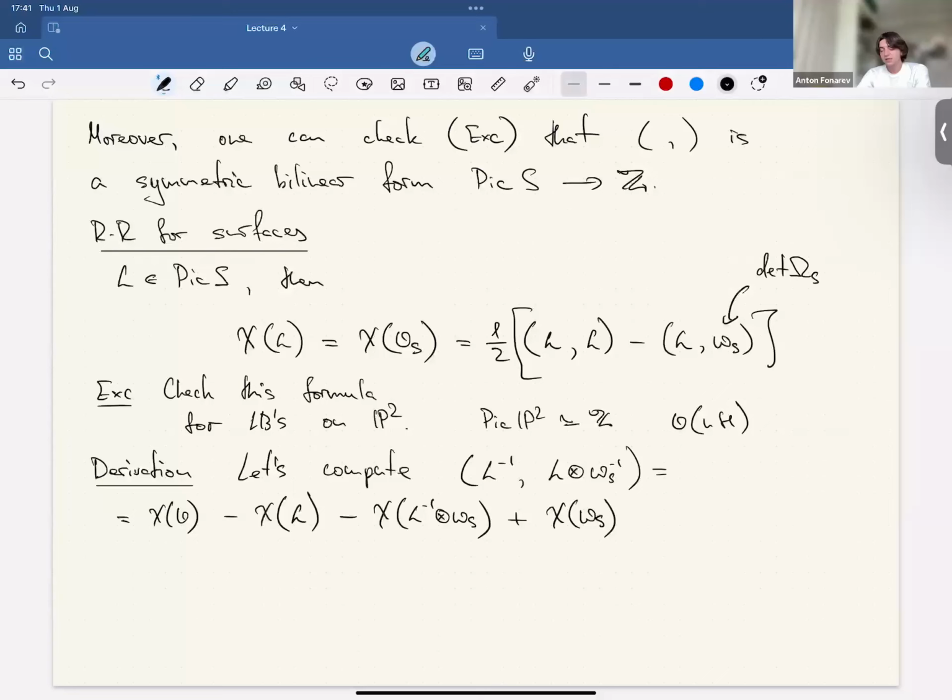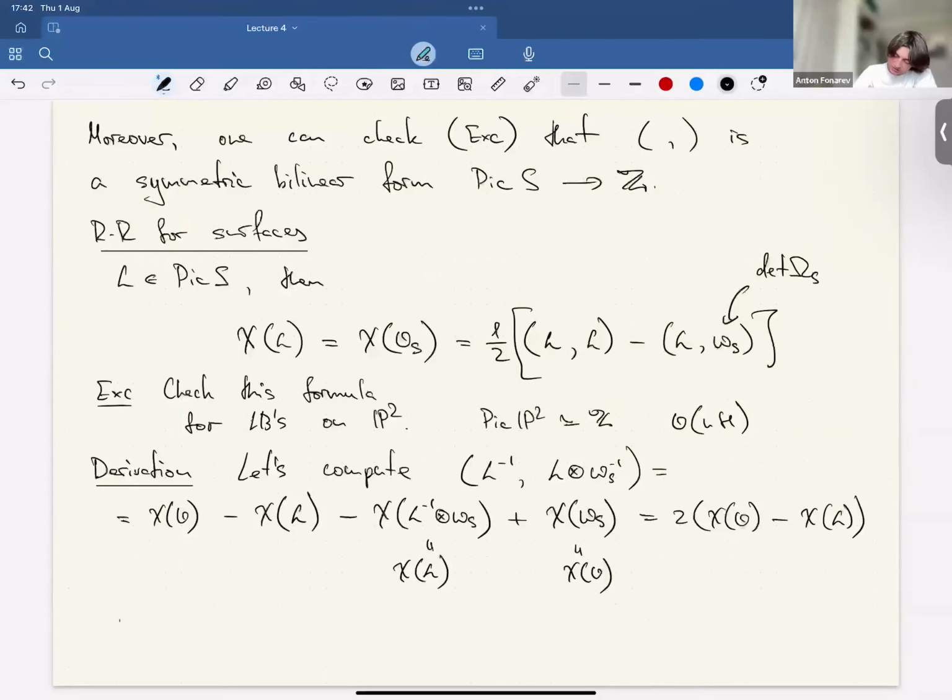All right, the thing that we have here on the right, remark that this is by Serre duality chi of L, and this by Serre duality is chi of O. So on the right-hand side, we get twice chi of O minus chi of L. And now that's it. You need to just open the brackets, remark that this thing by bilinearity, the thing that is written in the front when moved to the other side is exactly what we want.